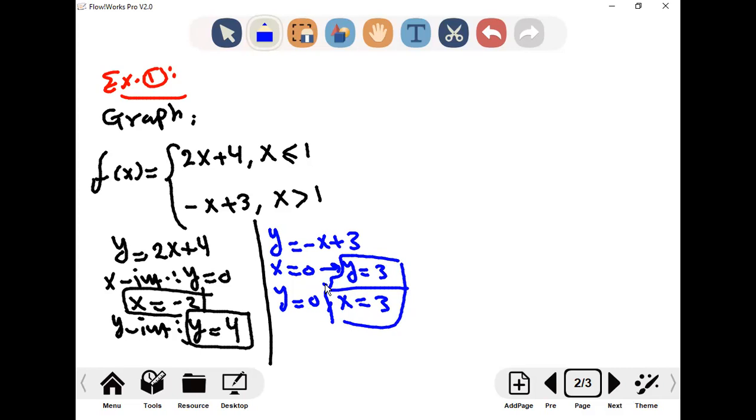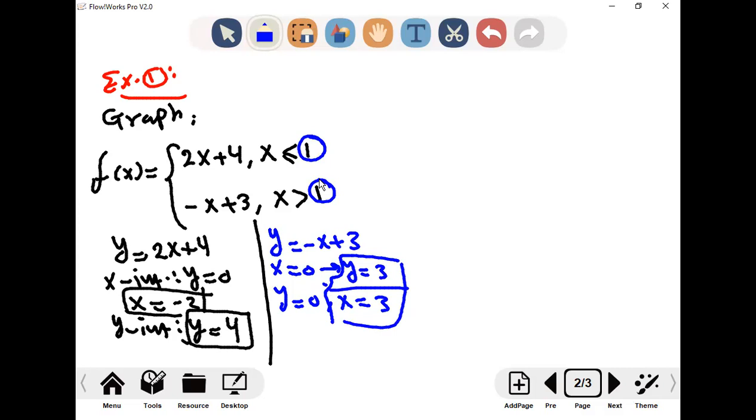Good. So I prepared the x-intercept and the y-intercept for both parts. Now I'm ready for the graph. But the most important value here is the 1, because the function will be different before 1 and after 1, right? Here it has a line, and here it has a different line.